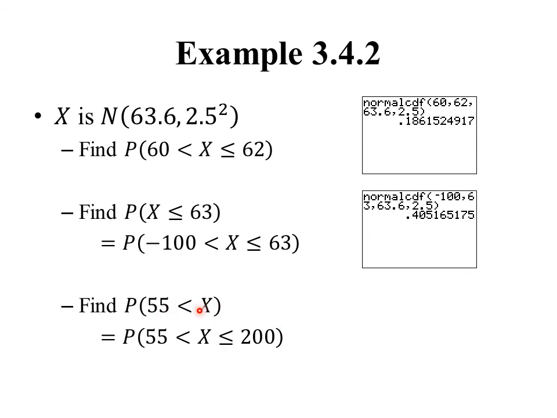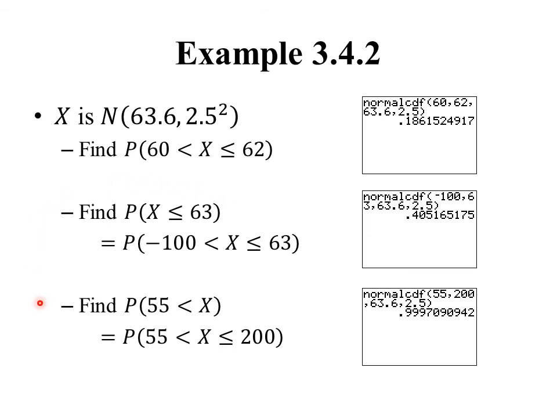So this probability here is approximately equal to this probability. Technically not exactly the same, but for all practical purposes they are the same. And so now we can enter that into the calculator. Here's our lower bound, here's our upper bound, here's our mean, here's our standard deviation. We hit enter, and we get our probability.